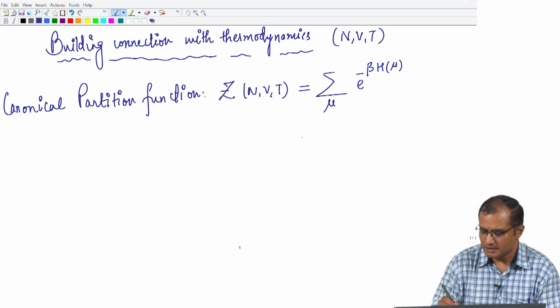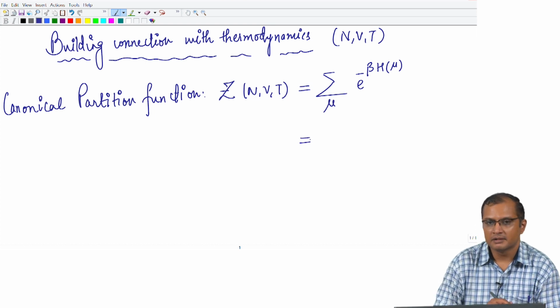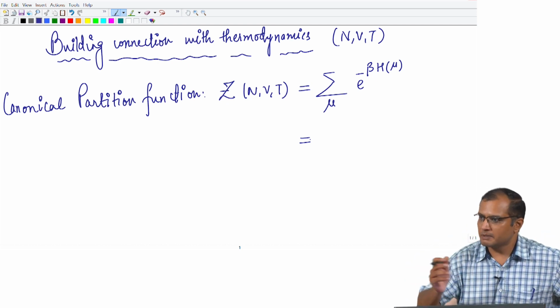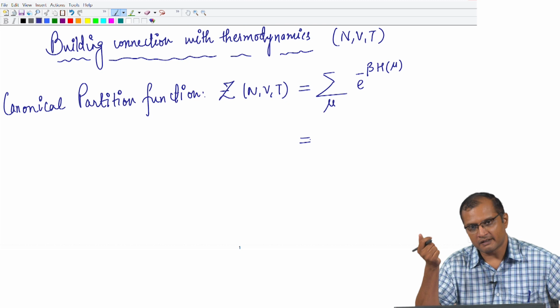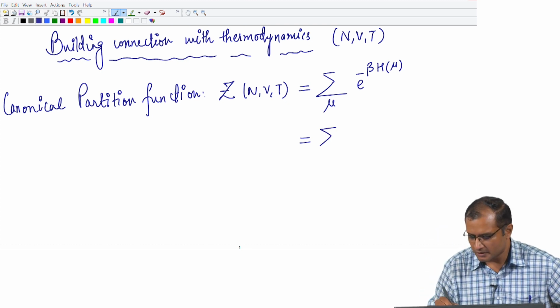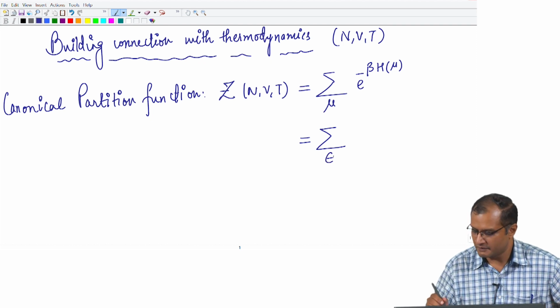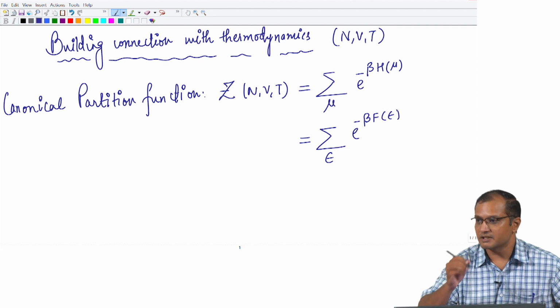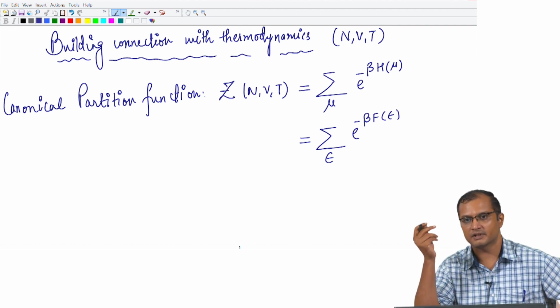But we said that we are interested in a representation in terms of energy, not microstates, because there are many microstates which may have the same energy, so called degenerate microstates. So, we reduced it to the representation in terms of energy, and when you do that we observe that the Boltzmann factor is now in terms of the free energy, the function of energy E, okay, free energy for the internal energy E.